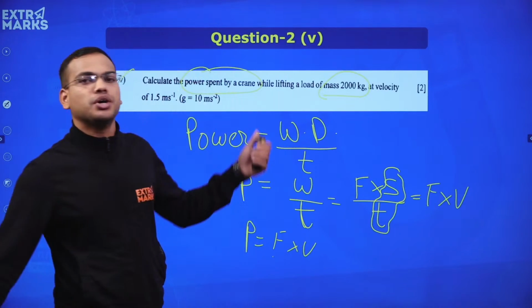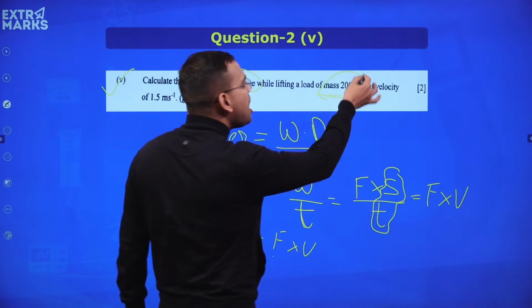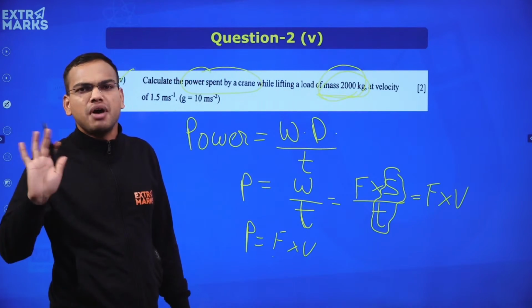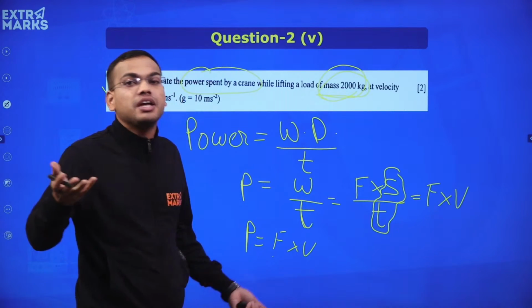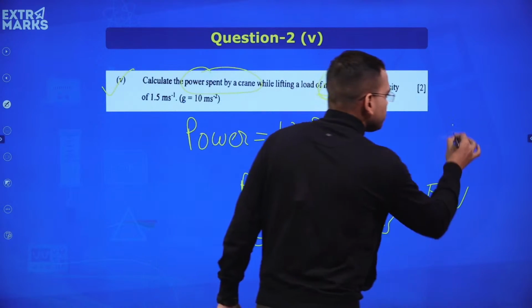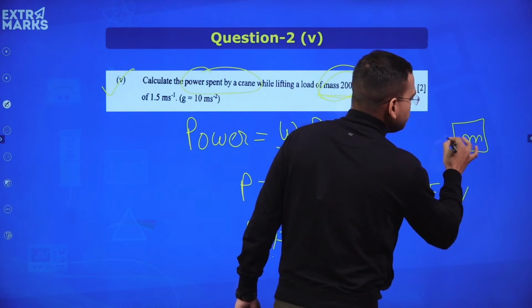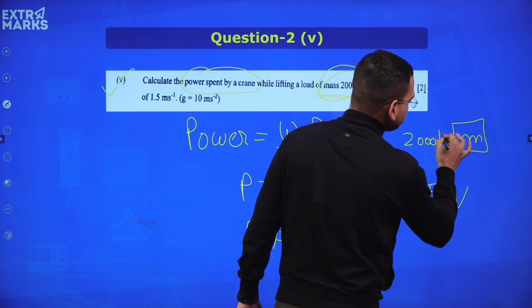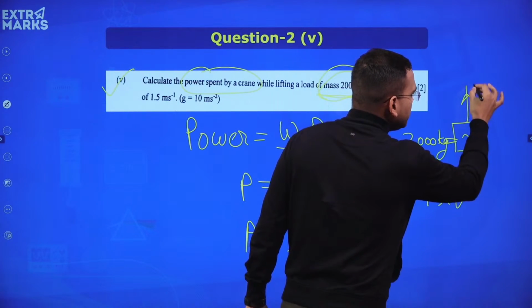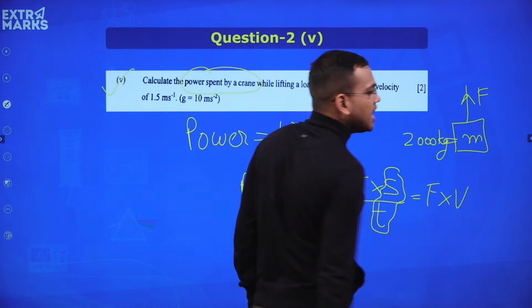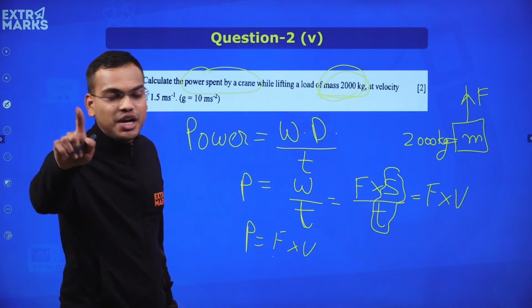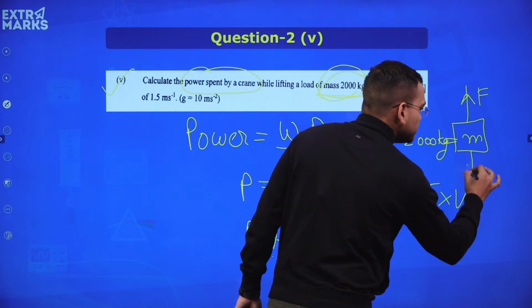Do we have force in the question? No, we have only mass. We don't have force. How will we calculate the force? Very simple. If this is the mass which is 2000 kg and it has to be lifted by a crane, the crane has to apply a force which will be equal to the weight of this body.